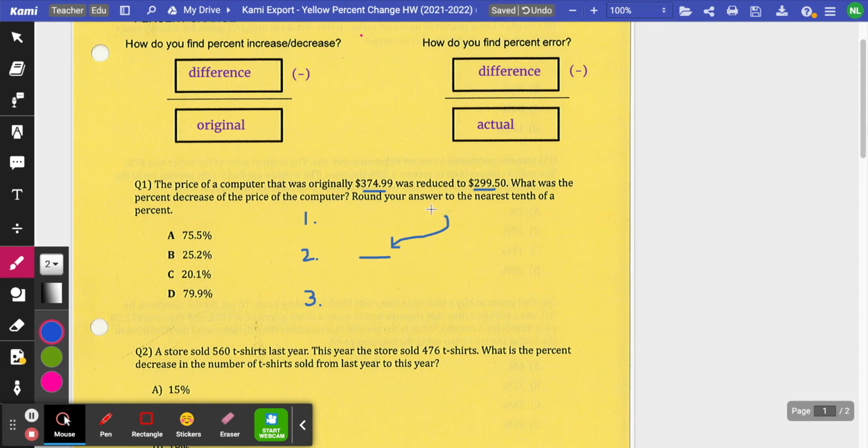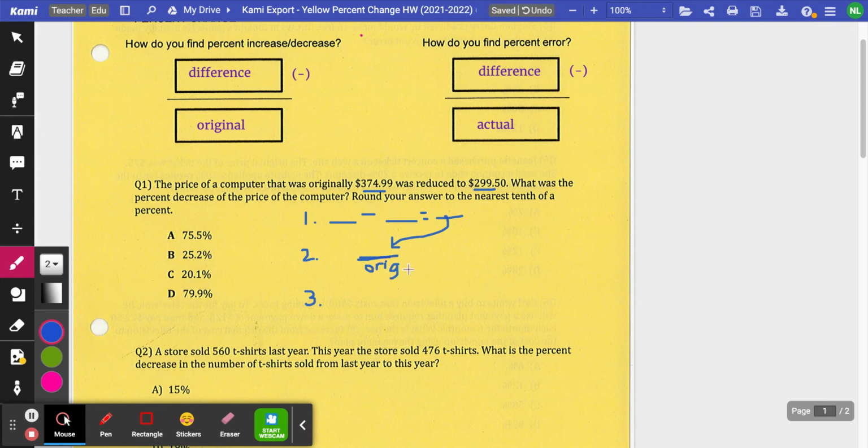So you're putting whatever you got for this answer when you subtracted. So blank minus blank equals, you would have gotten an answer. You're taking that answer and you're putting it at the top. You are dividing by the original amount. The original amount would be the first amount that they listed, or the starting amount.